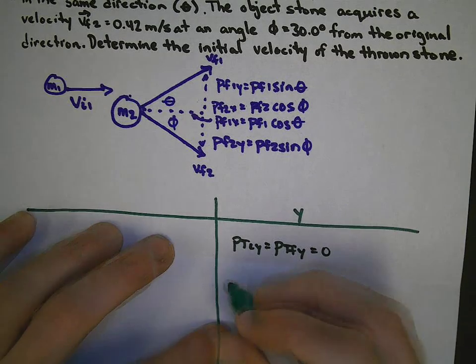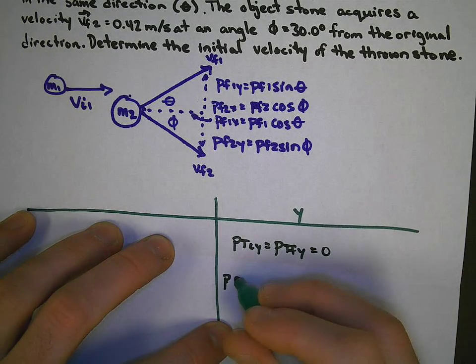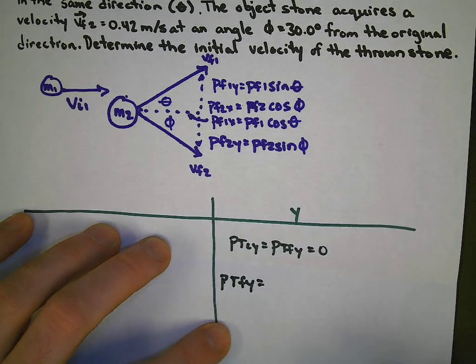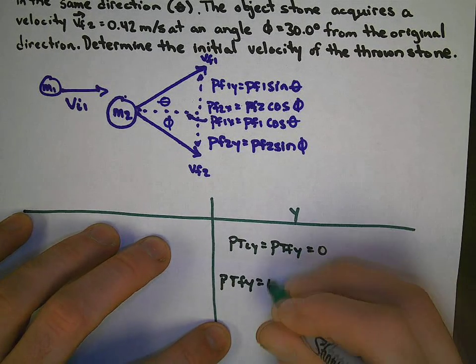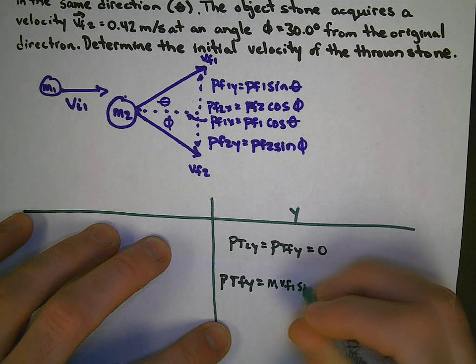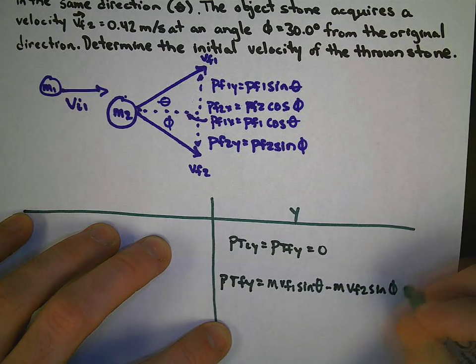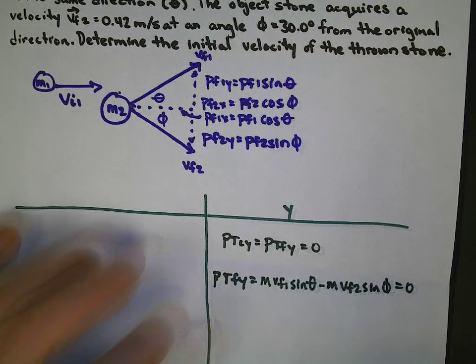So that tells us that Ptfy, our final momentum in the y direction, will be m vf1 sine theta minus m vf2 sine phi, and all of that is equal to 0.